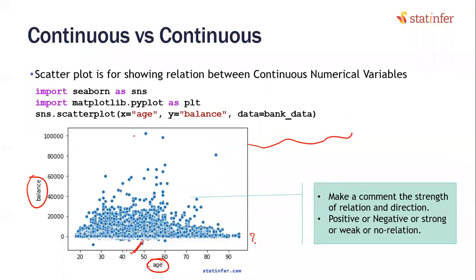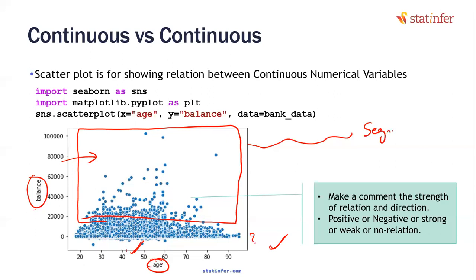What if there is a particular segment, a particular subset of the data, maybe somewhere here, where age and balance have some relation between them? Or maybe if you look at these points, whenever balance is going above 20,000 or age is somewhere around this range, maybe according to a third variable there might be a different story. That means balance and age in the full data behave in a particular manner, but in a particular segment, they are related differently.